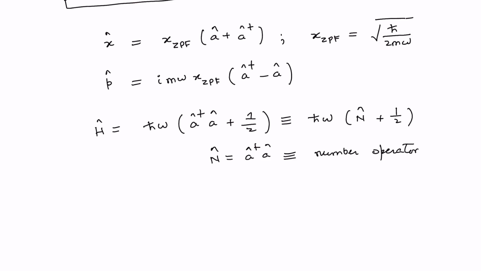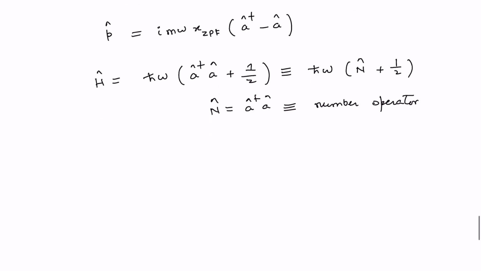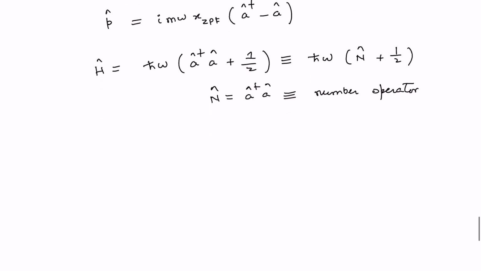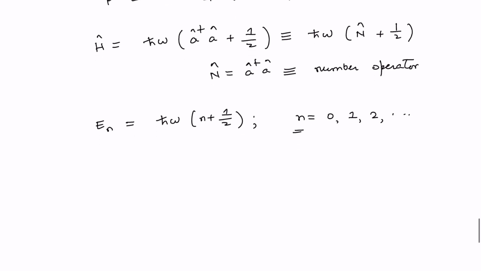Now the energy eigenvalues for this quantum harmonic oscillator, as you know, are En is equal to h bar omega times n plus half, where n can take values 0, 1, 2 and so on. n represents the number of quanta in the nth energy state.